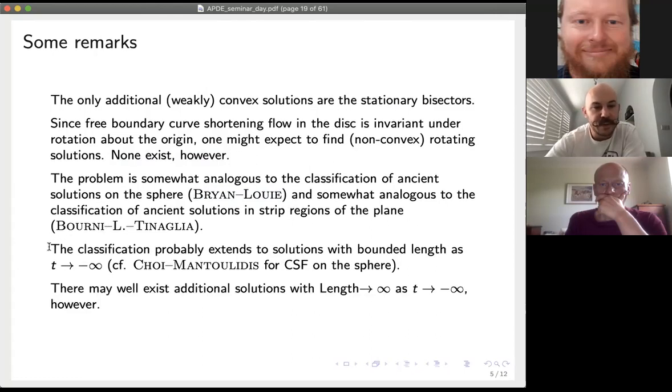You can presumably extend the classification unchanged as long as you include the stationary bisectors, if you relax convexity and replace that by bounded length. And there's probably additional solutions which have unbounded length as t goes to minus infinity. So consider those two points conjectures. We haven't thought too much about it, but that's our suspicion, that you can extend the result in those ways.